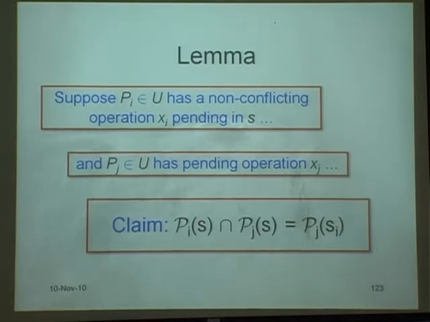So we're in the state S, and this is all the reachable states from S where I goes first. This is the same thing where J goes first. Here I'm going to go from S to S sub I by letting I go first. PI has an operation, it's going to do something, so we say, okay, PI can go ahead.